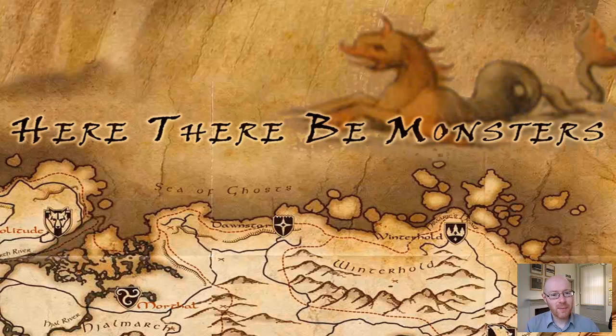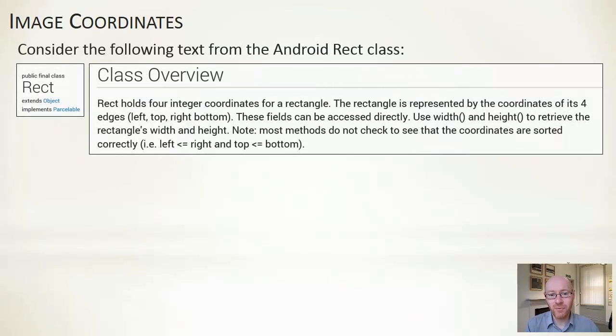Here's a definition from the Android Rect class. When we're drawing things out, we go to our canvas object and draw our bitmap, passing in rect objects or matrix objects, but we'll be using rect here for working out our source and destination images. Rect holds 4 integer coordinates for a rectangle.